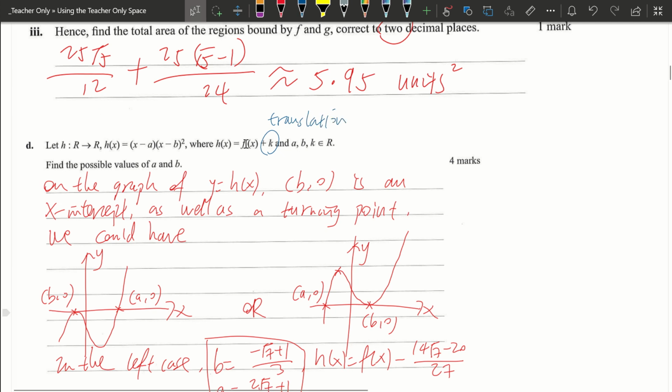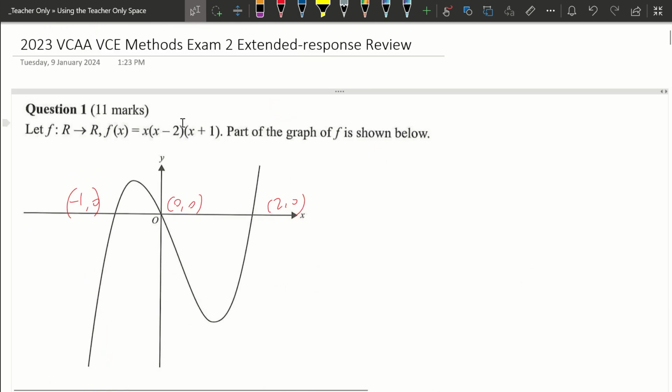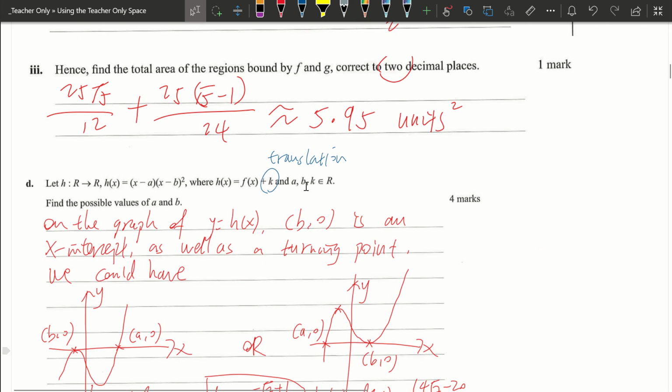So all we're doing is we're taking f, which is the very original function, the very first function. We take this function, which goes up, down, up, and we translate this in the direction of the y-axis, and we get a different function, which is h. And h is written in a very specific format. It's written in a factorized form with the perfect square.